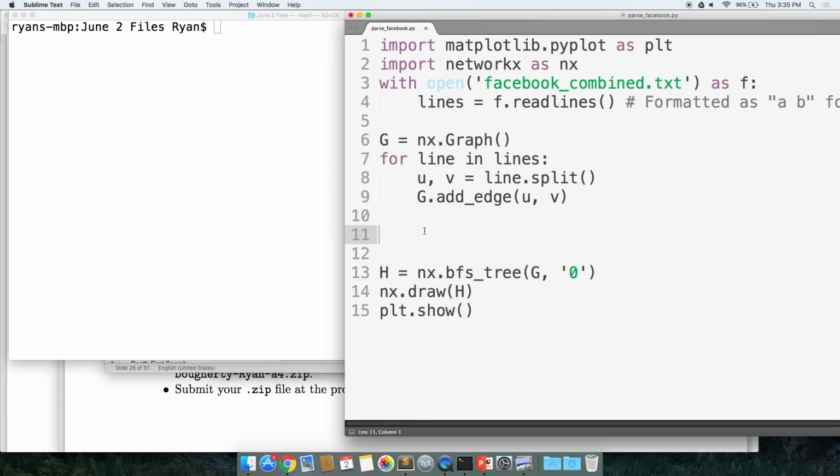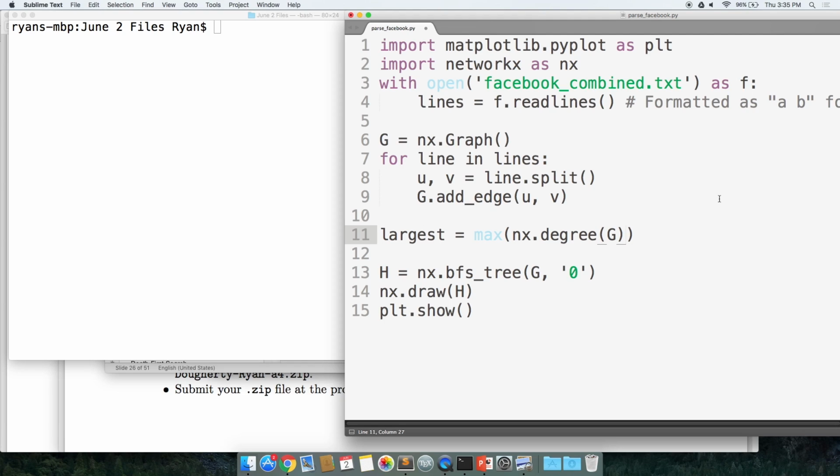So what we would do here is, we want to find the maximum, so we look at max, and the way we get the degrees of all vertices is calling nx.degree of g. What nx.degree of g returns is a dictionary, where the keys are the vertices and the value is the degree of that vertex.